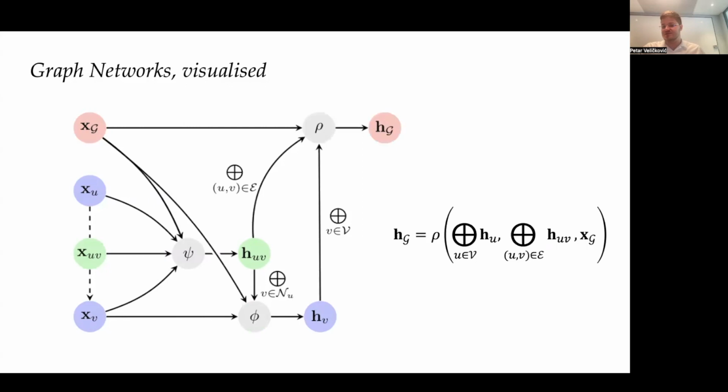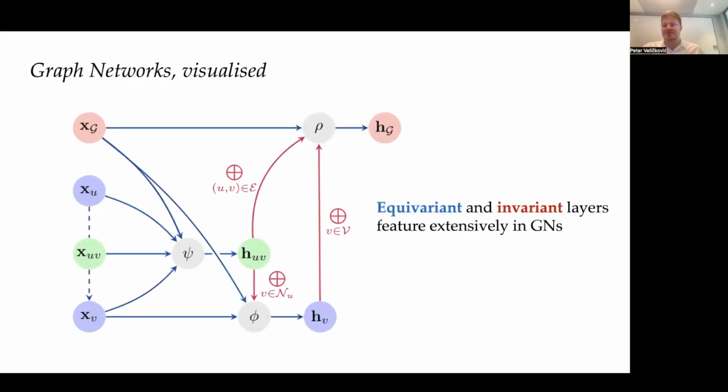And finally, once we have the computed node features and edge features, we can aggregate all of them together to update the graph features. Now, if you were to color code these edges by whether they represent an equivariant or invariant layer to permutations, you'll see that basically all of the ideas from the geometric deep learning blueprint feature quite extensively in graph networks, with equivariant and invariant layers applied appropriately whenever you need to reduce something.